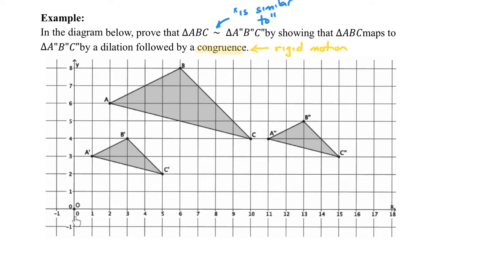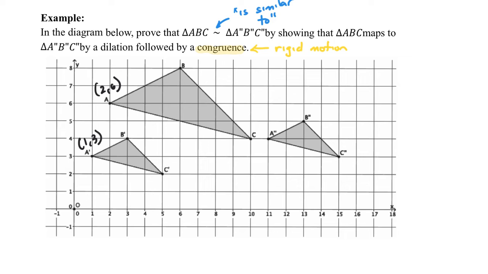All our dilations in this unit are going to be centered at the origin. And I notice that A goes from being at (2, 6) to being at (1, 3). And since all our dilations are centered at the origin, I now know that I have a dilation with scale factor 1/2 because 2 becomes 1 and 6 becomes 3. So that's a dilation with scale factor 1/2.